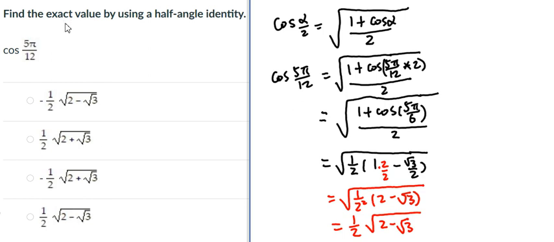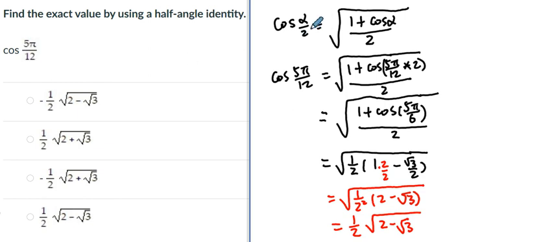Okay, here we need to find the exact value by using a half angle identity. Here we have cosine 5 pi over 12. What is the exact value for this?